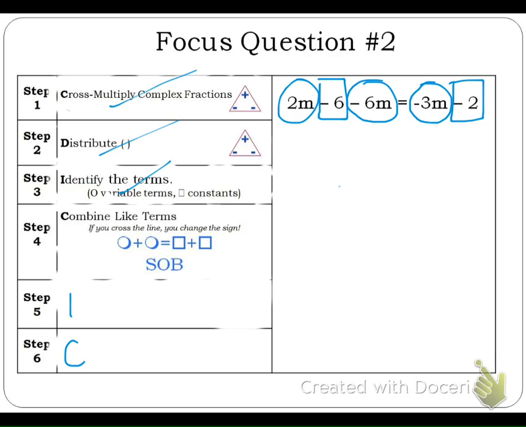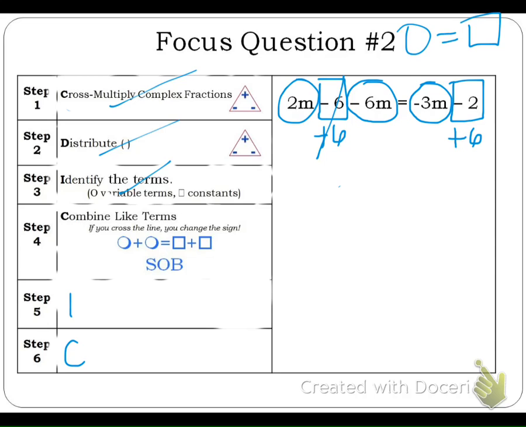It's a variable term, so it's going to stay because we want our variables on the left and our constants on the right. Negative 6, is it going to stay or is it going to go? It needs to go. So write positive 6 underneath it to make that 0 pair. But make sure that we put the positive 6 underneath the other constant on the other side of the equation.